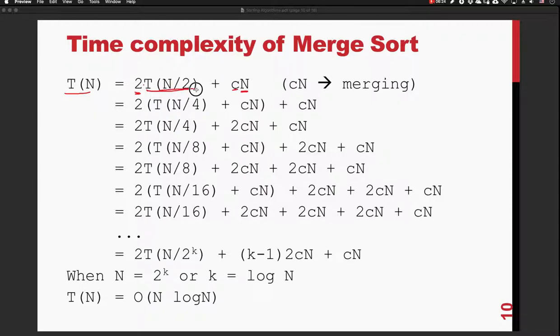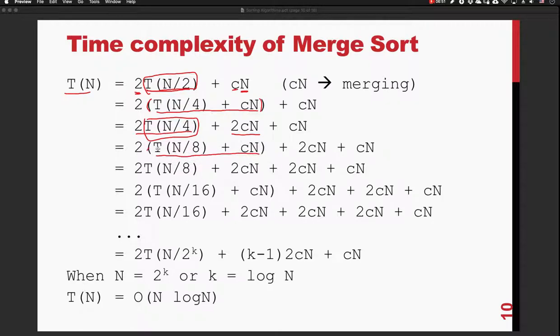Then T of n over 2 is the same as 2 T of n over 4 plus cn. If we eliminate the parentheses, we have this, and then 2 times cn is there. And then T of n over 4 is 2 T of n over 8 plus c times n.